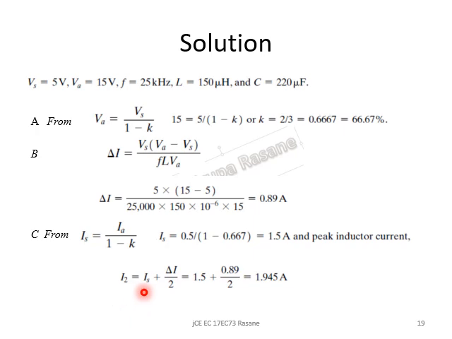I2 is nothing but the source current plus the rate of change of current upon 2. Very simple expression, right? If you look at the waveform of this inductor, you will know it has to be Is plus delta I by 2. So Is we have evaluated as 1.5, delta I we have evaluated as 0.89, and divide by 2, I should be getting the peak value of 1.945.